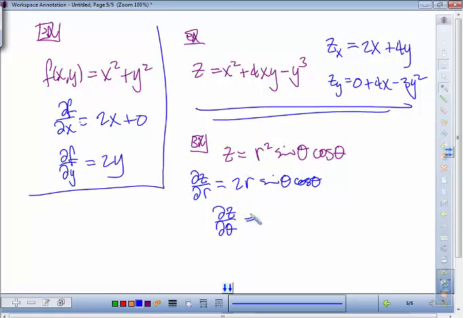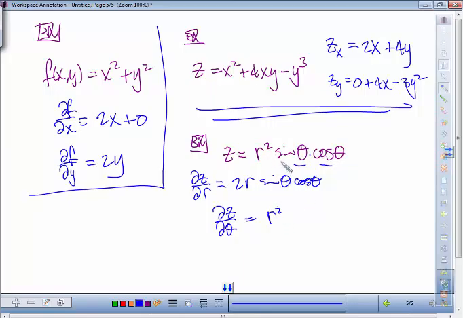All right, how about this one? dz d theta. What? R squared. Do we want to put parentheses around here? It looks like I have a product, right? So I need to use the product rule.